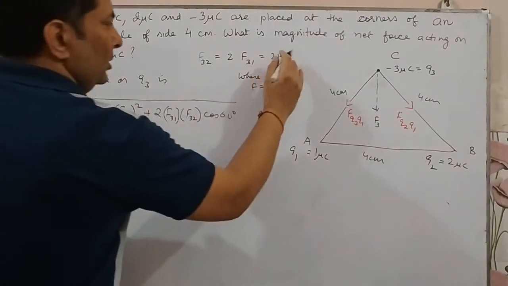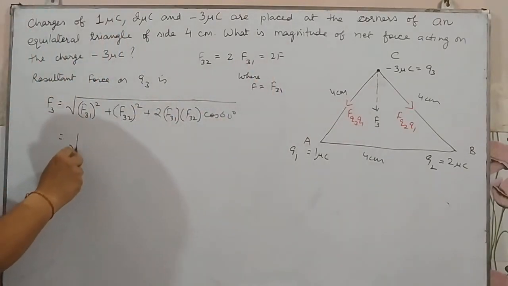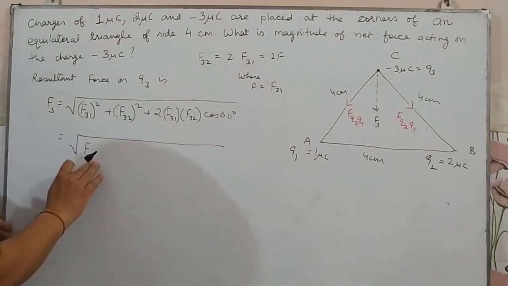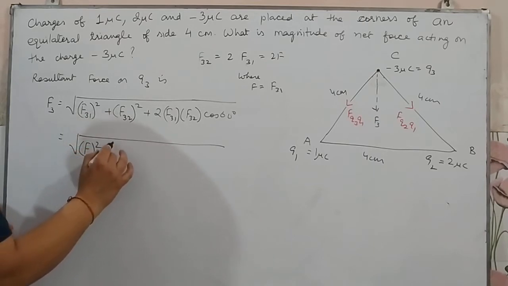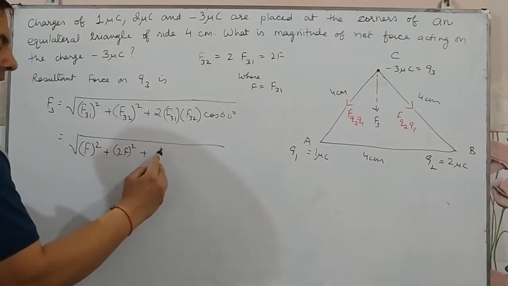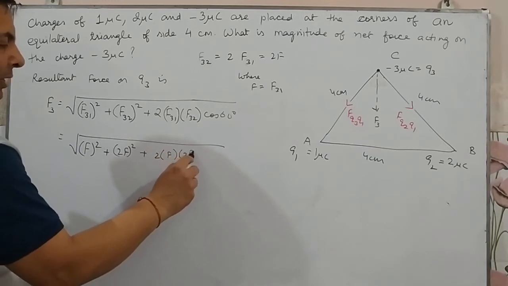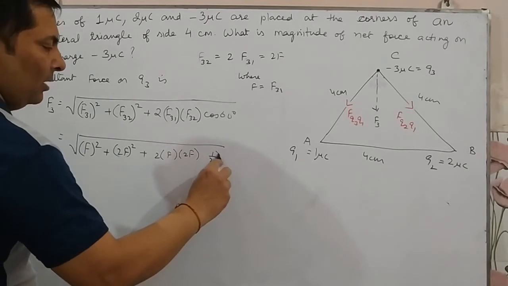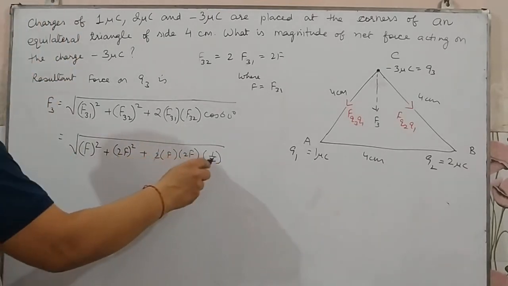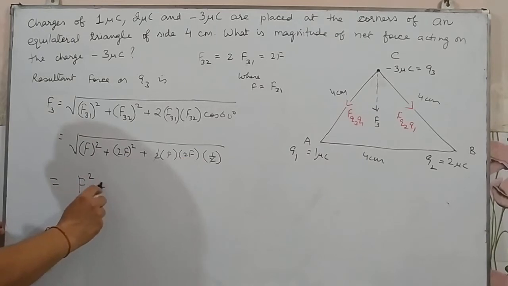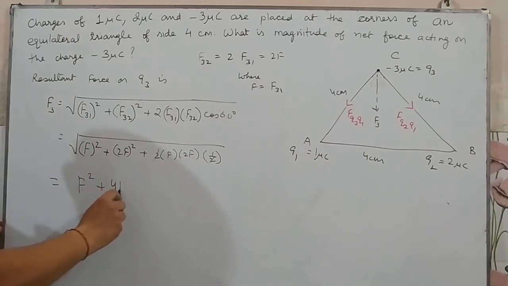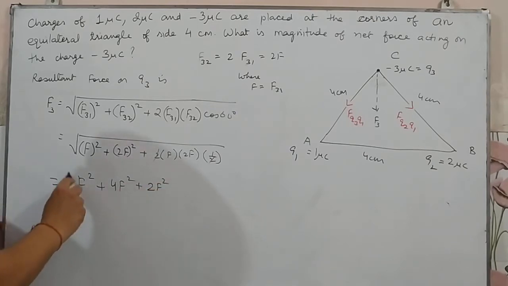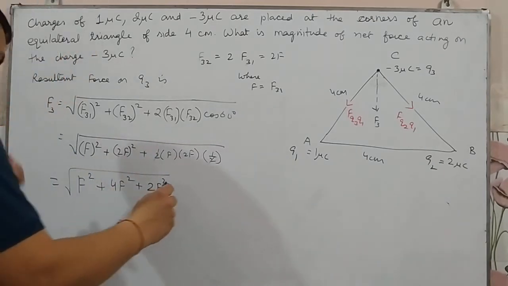This is F, and this is 2F. This is again 2, F times 2F, cos 60. Now, what is the value of cos 60? This is half, so this can be cancelled. The result is F square plus 4F square plus 2F square. It is 7F square.